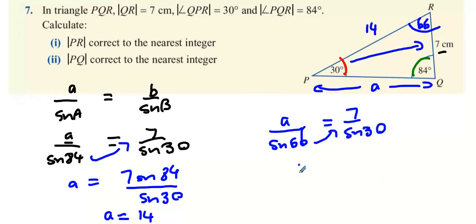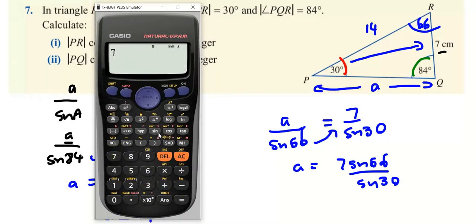I'm going to bring the sine 66 up. So it's 7 sine 66 over sine 30. Put that into the calculator. Oh, my bad: 7 sine 66, bracket, all divided by sine 30.